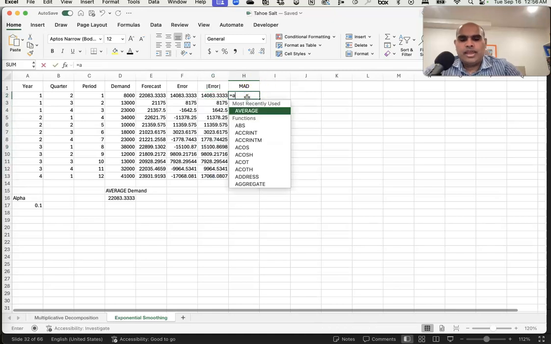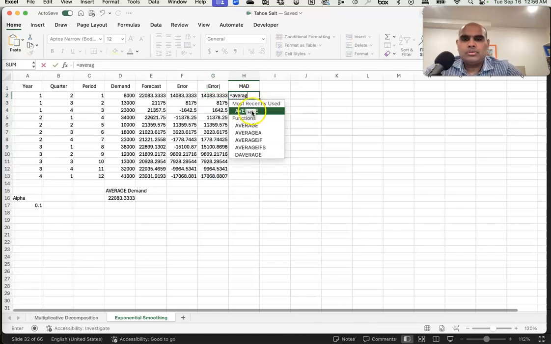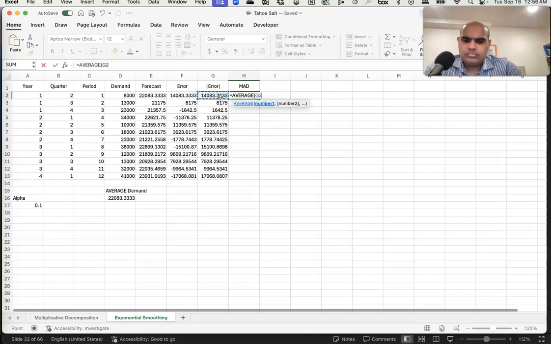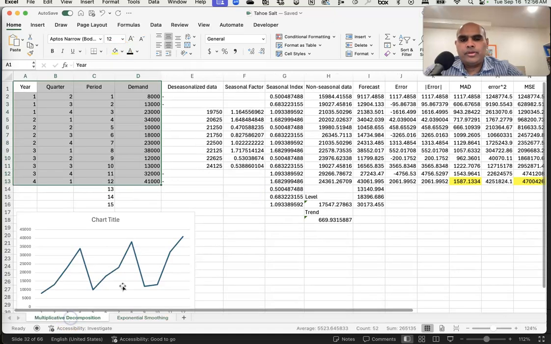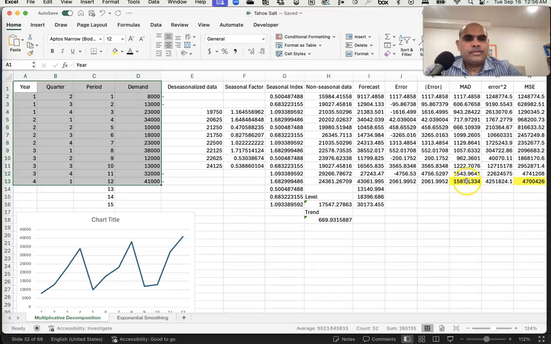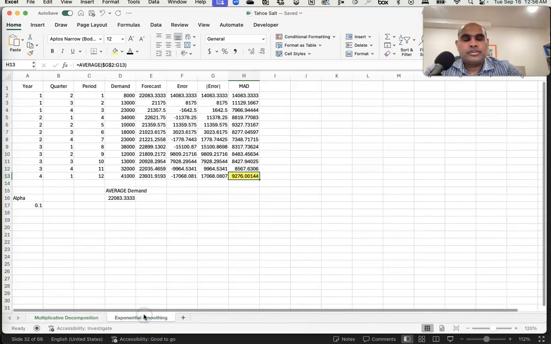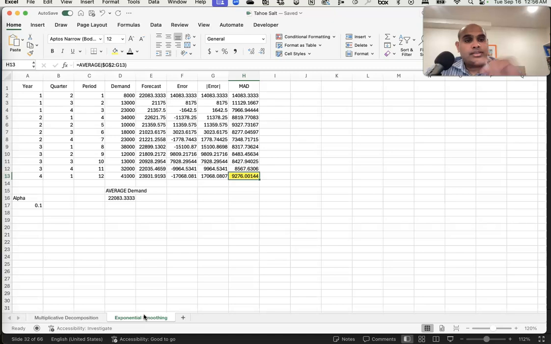Finally, MAD, which is the average of the absolute errors. And that's the error, MAD. So the MAD is 9,276, which is way more than the 1,587 that was there with multiplicative decomposition. The reason for that is we are not accounting for either the trend or the seasonal variations, right? And that's why the forecast is what it is.